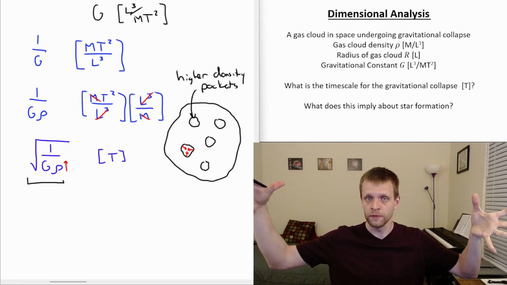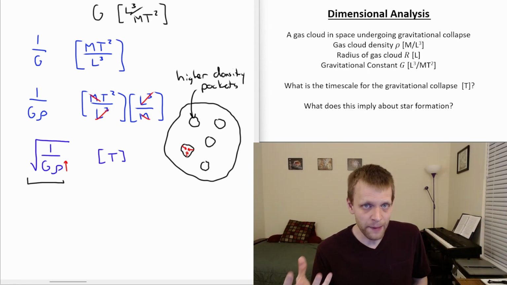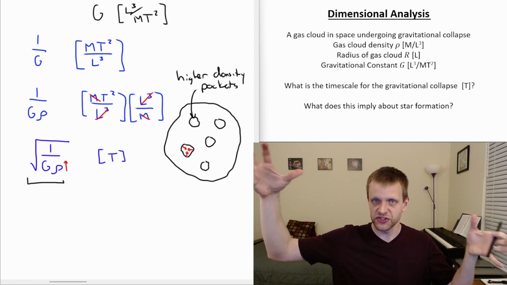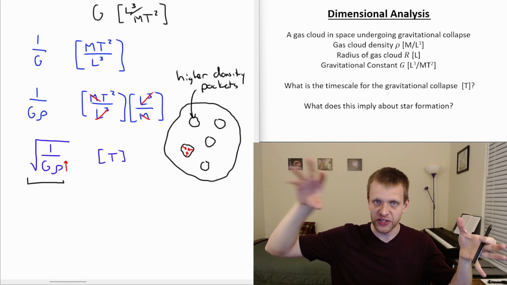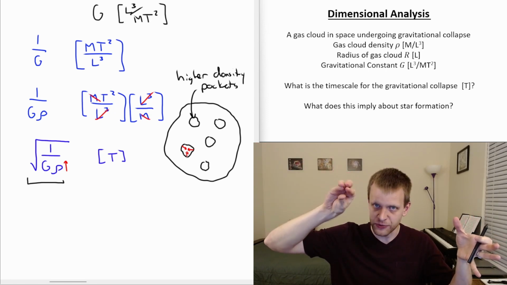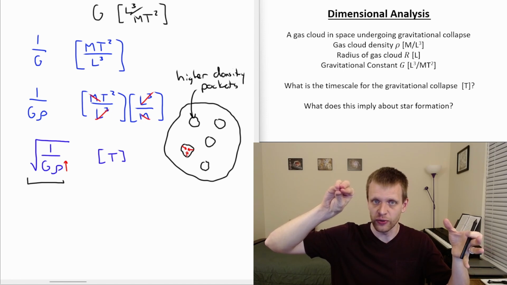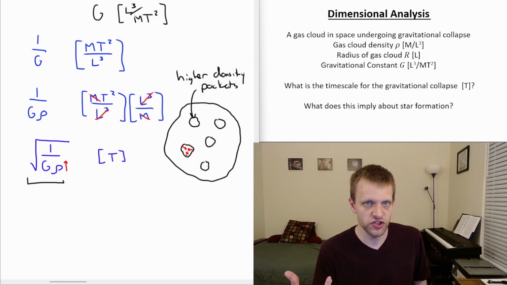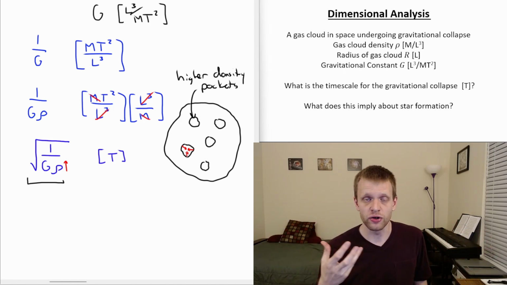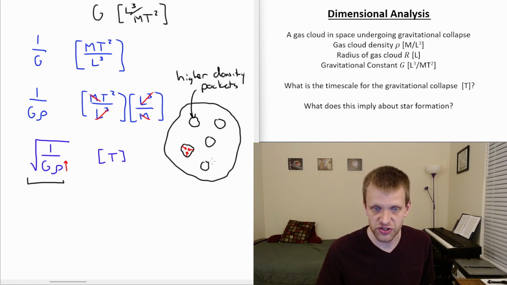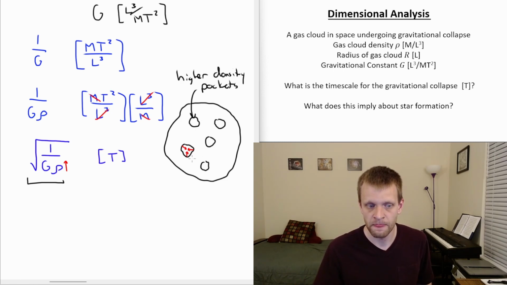So what happens is, as this giant cloud of dust and gas in space is collapsing, the higher density regions are going to collapse a little bit faster than the rest of the cloud. So instead of making one star, we make an entire cluster of stars wherever there were these little higher density regions.